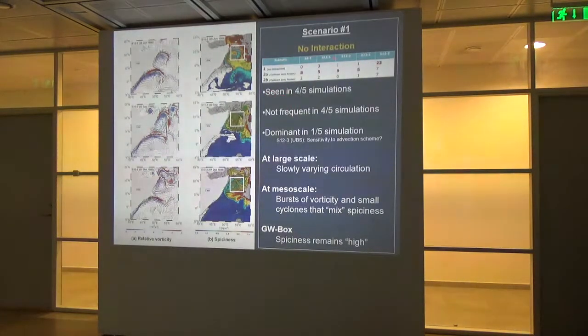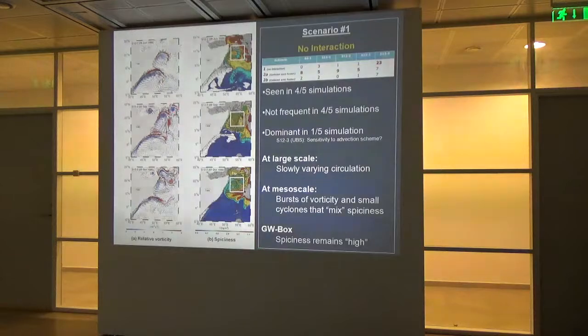To summarize, this scenario is seen in 4 among 5 simulations; only one doesn't have it. It's not frequent in 4 of them, and it's quite frequent in another one. It's dominant in 1 of them. At a large scale, this reproduces a slowly varying circulation with small cyclones being the eddy variability.